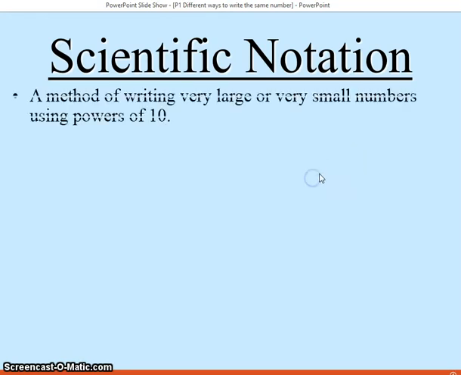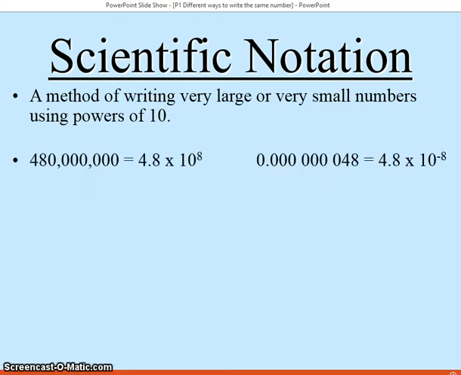Lastly, we're going to look at scientific notation. Scientific notation is a method of writing very large or very small numbers using powers of 10. Here are 2 examples of scientific notation. You see the standard notation, and then these are the scientific notation here and here.